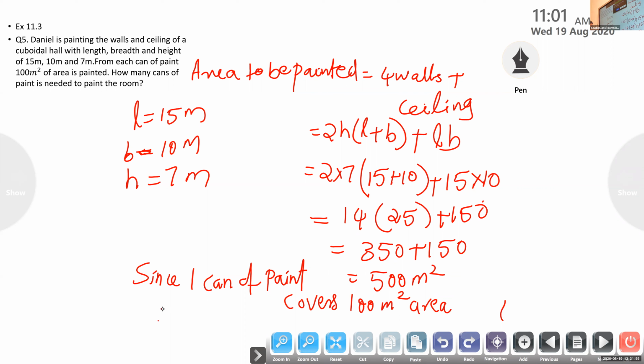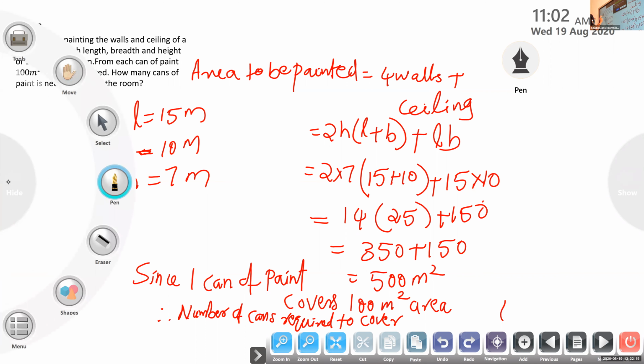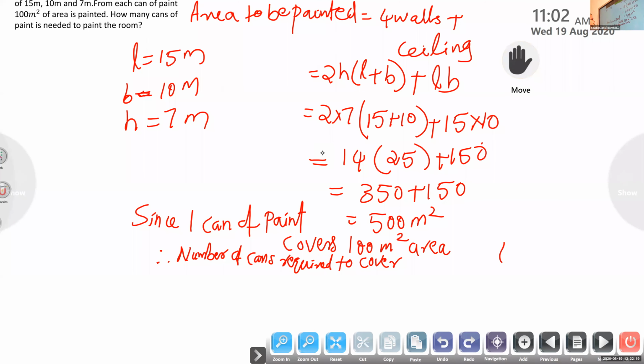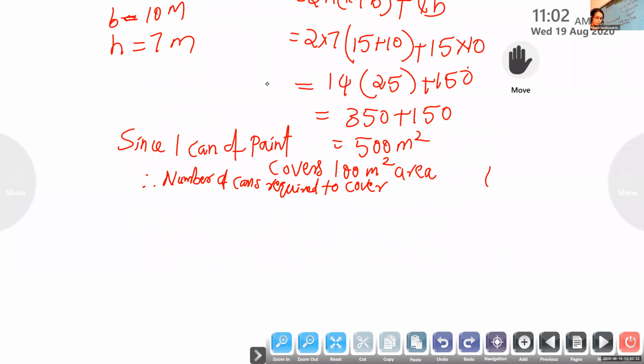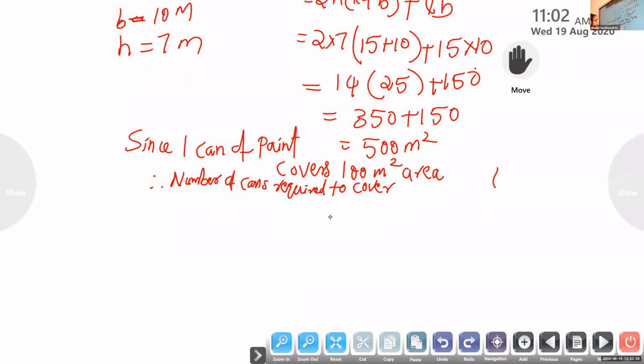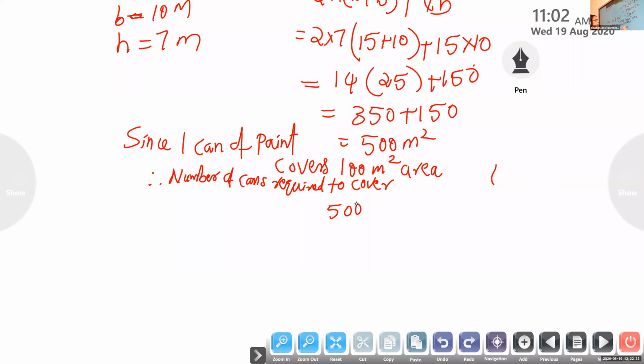Therefore, the number of cans required to cover 500 meter square is equal to 500 by 100, equal to 5 cans. You should write the steps.